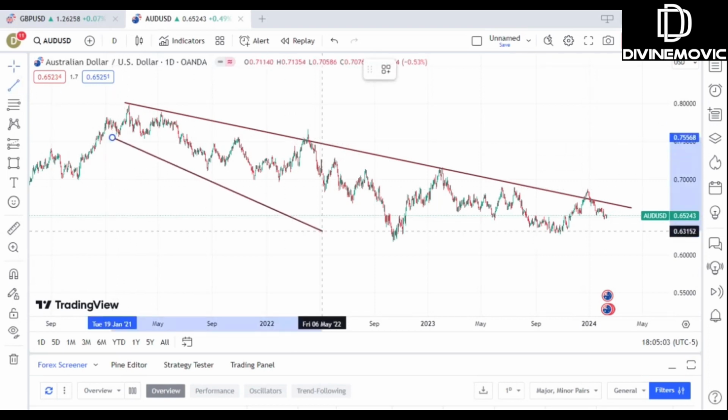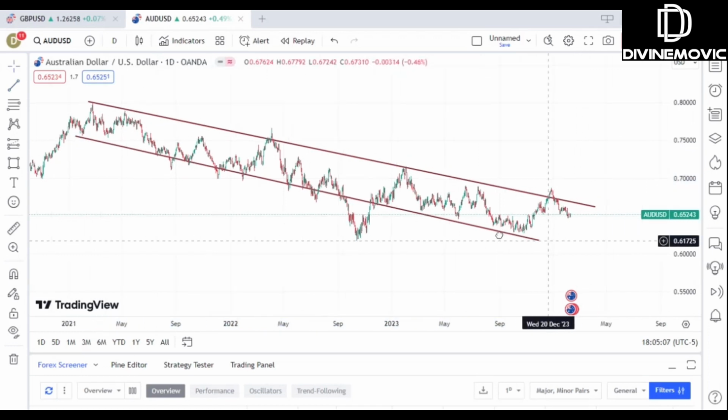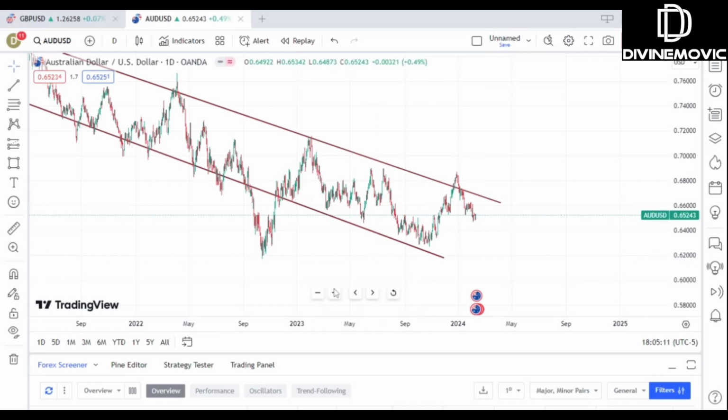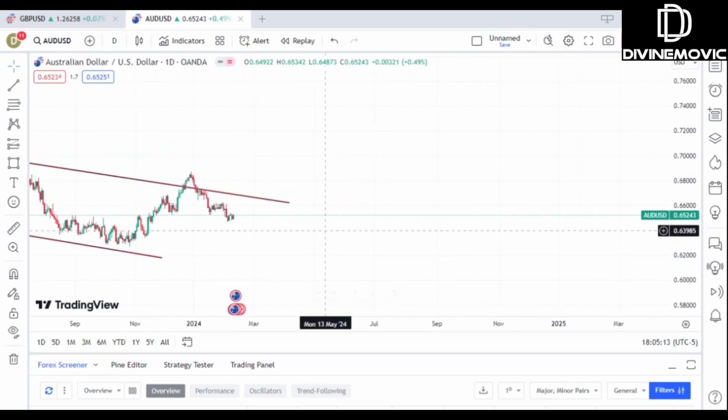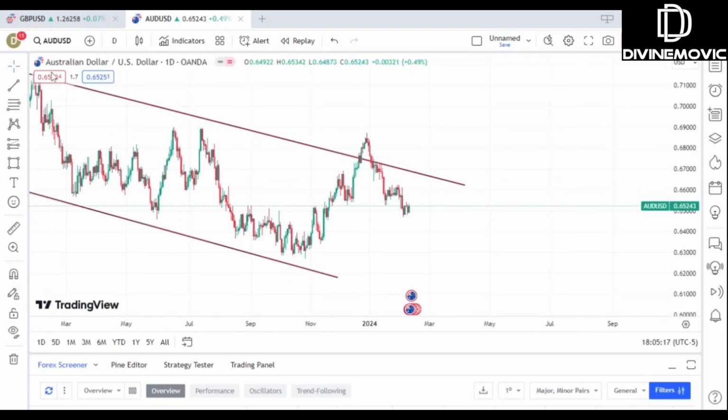So here now is currently the support level. If I'm to mark out my key level, my key level is simply this area that price broke out from, like this place.